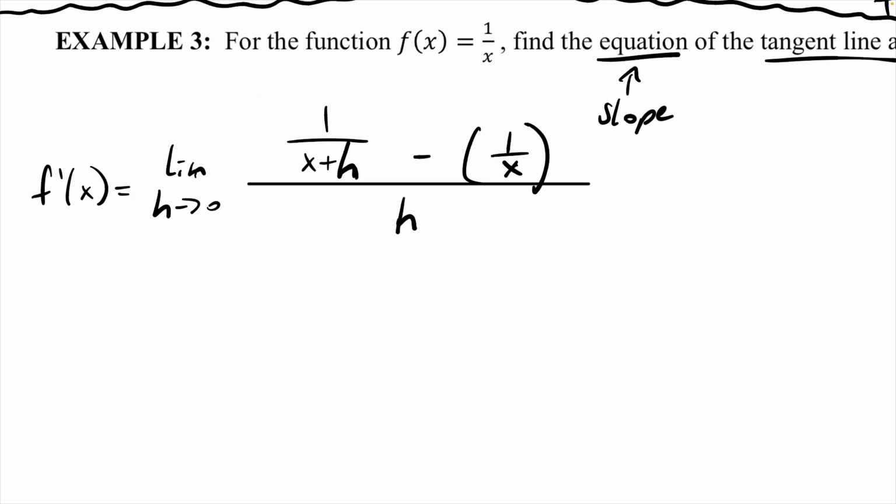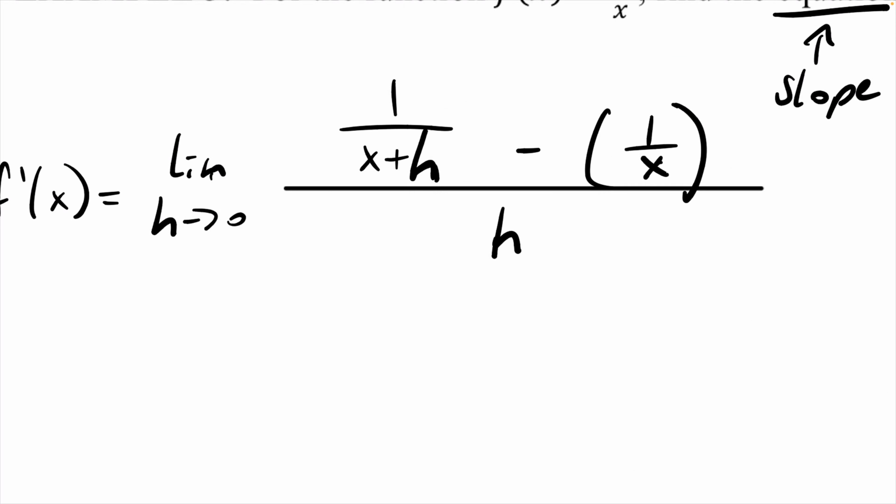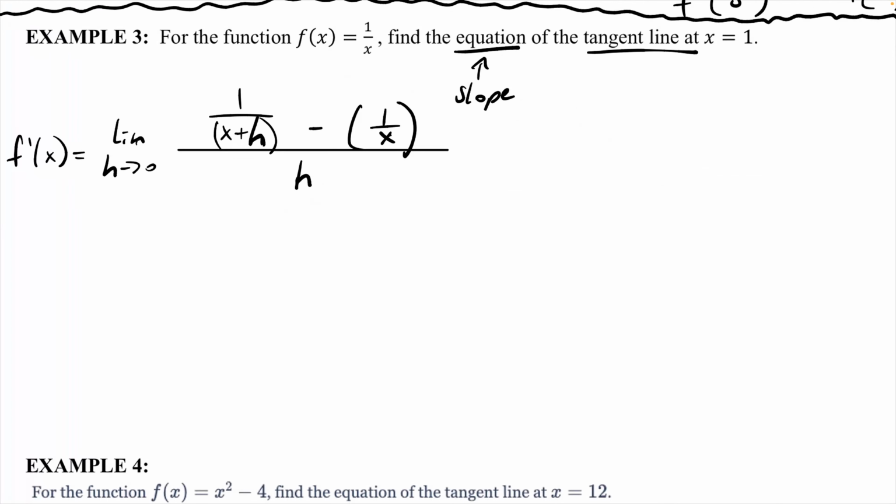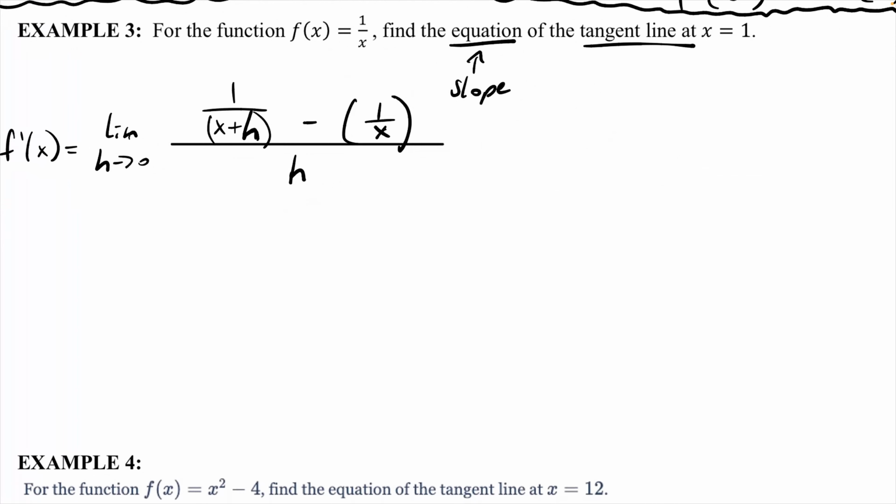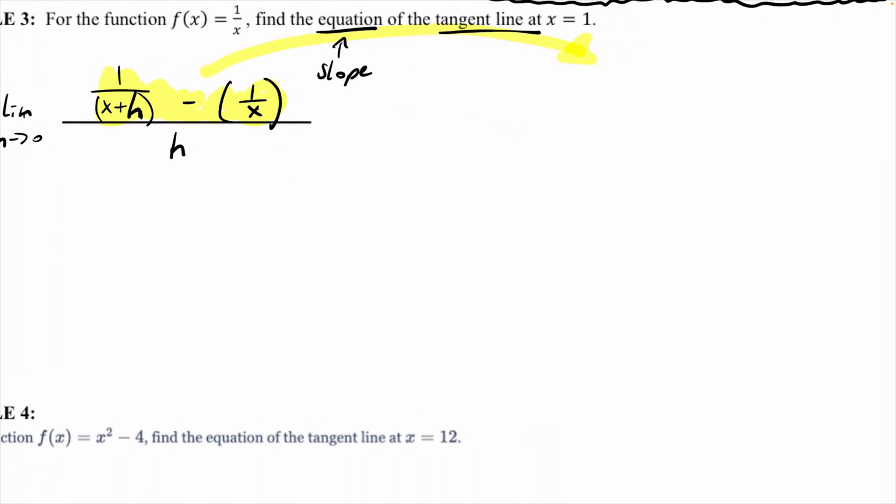So what did we do? We subtracted the top two. We subtracted this guy from this guy. Anytime we subtract fractions, we need common denominators, right? So what is the common denominator? Let me move this over here so that we have a little more room. Okay. So we got 1 over x plus h, right?